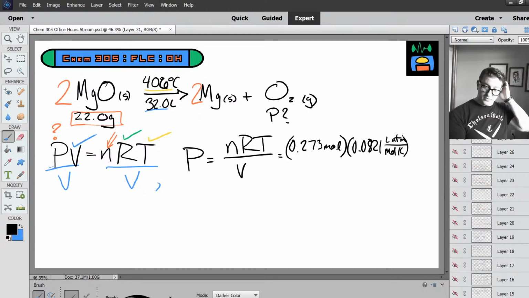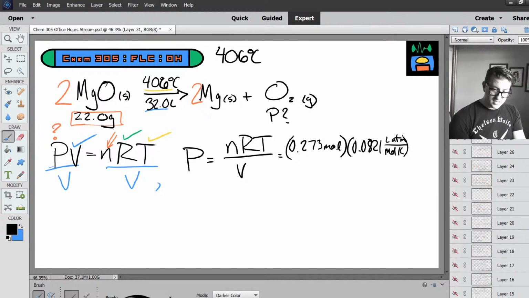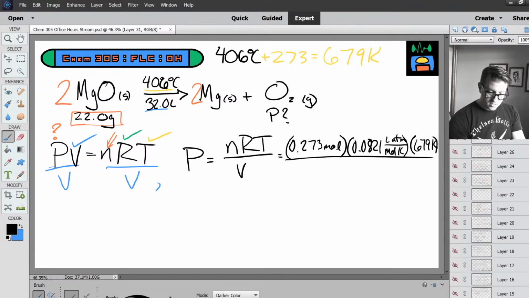Now, we've got to be careful. We know our temperature is 406 degrees Celsius, but we have to convert to Kelvin first. Right, so this will be 679 Kelvin. That is what we're going to plug in, all over our volume, which was 32.0 liters.